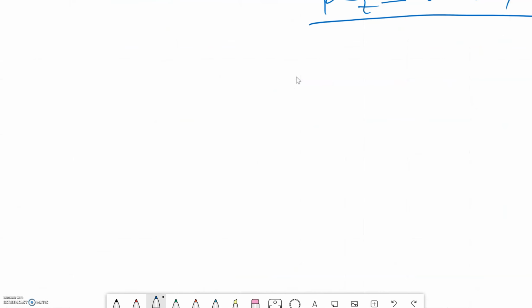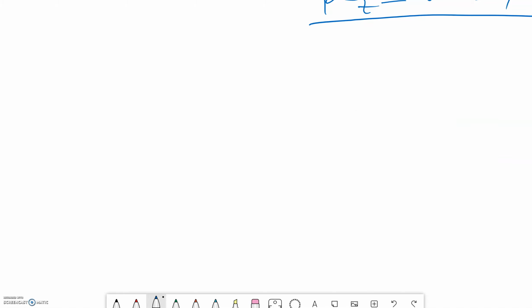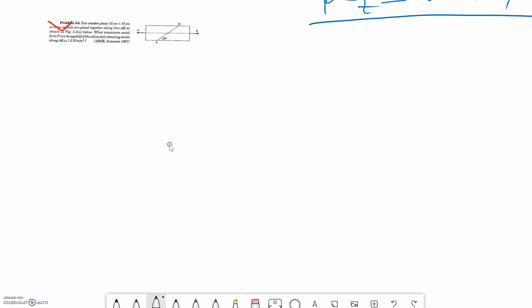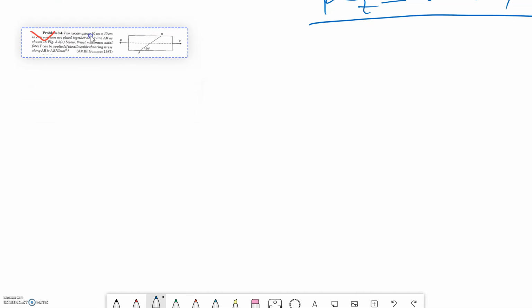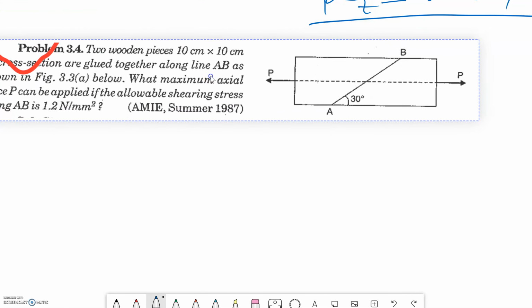Now let us look at another example from the textbook, example 3.4.